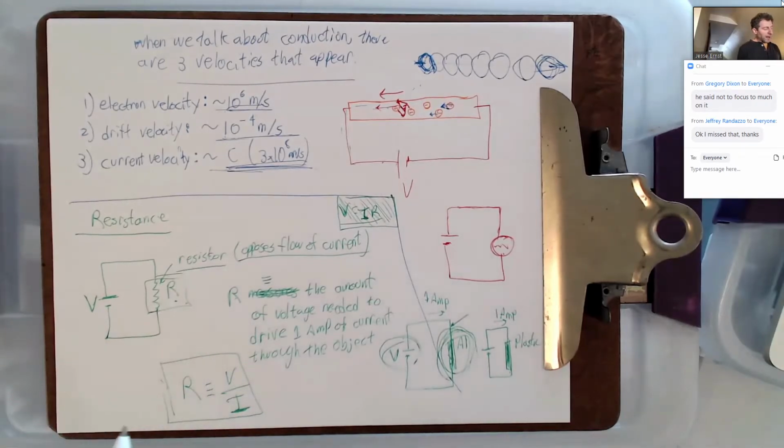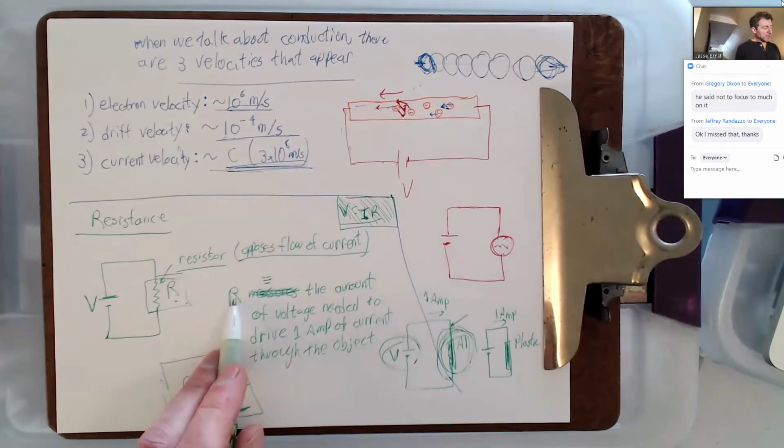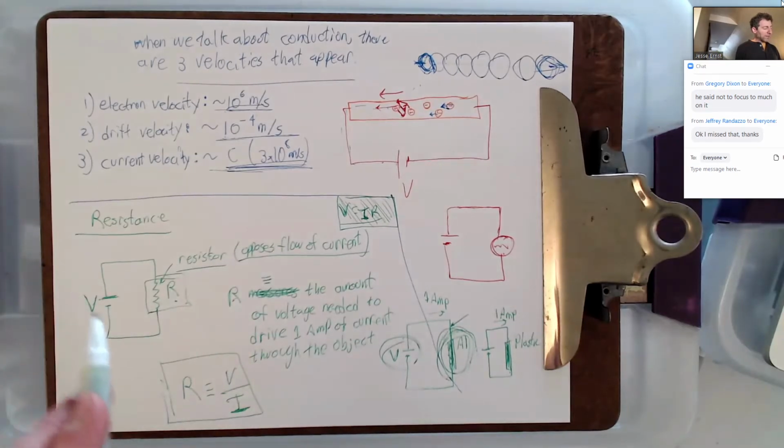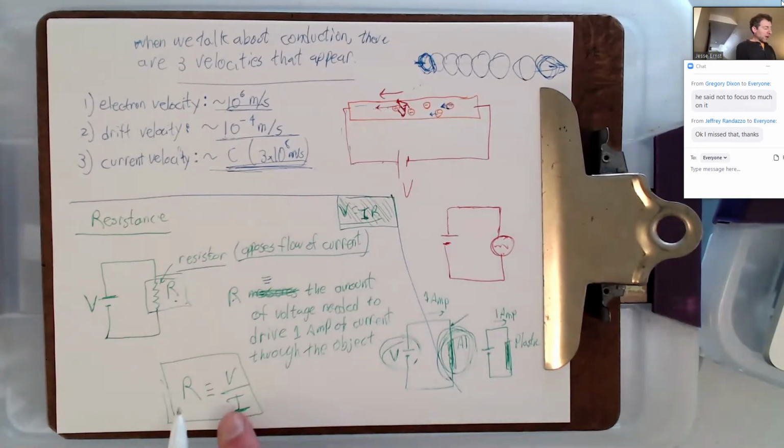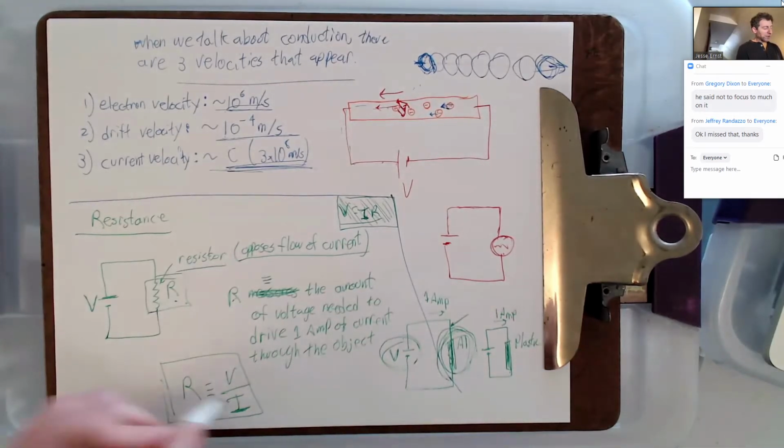This is where it gets tricky, because you look at this and say, it's Ohm's law, just multiply by I. It's not Ohm's law. This is the definition of resistance, how much voltage it takes to drive a single amp of current through an object.